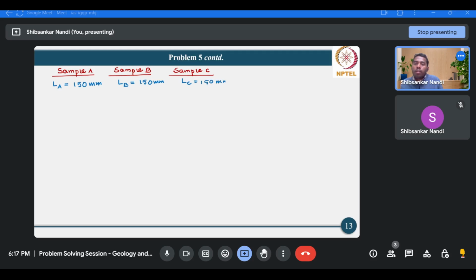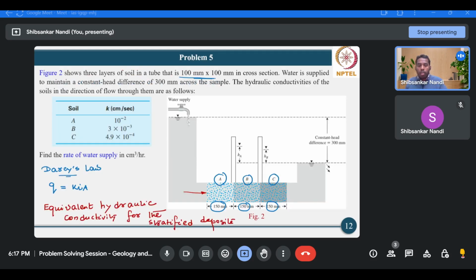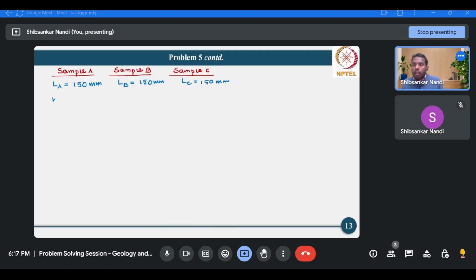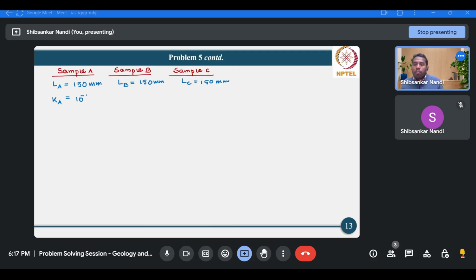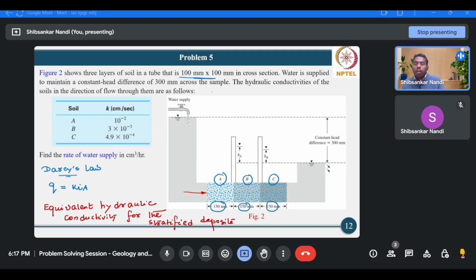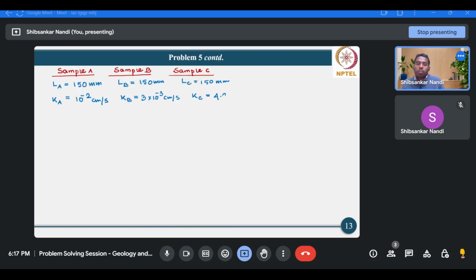So all the samples are the same size. Then Ka is 10 to the power minus 2 centimeter per second, Kb is 3 into 10 to the power minus 3 centimeter per second, and Kc is 4.9 into 10 to the power minus 4 centimeter per second.